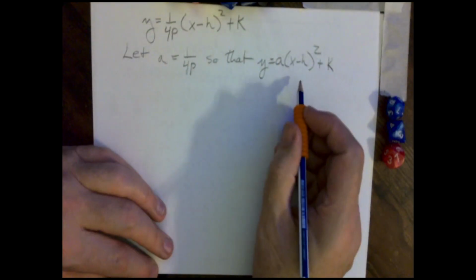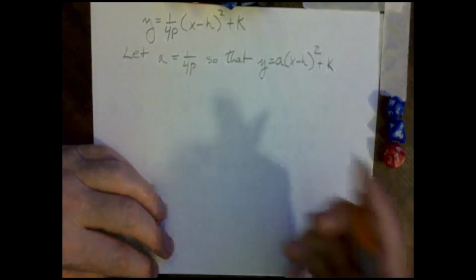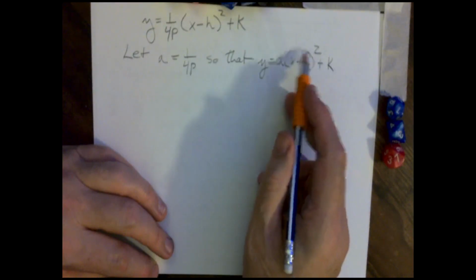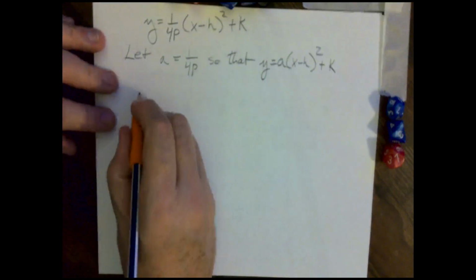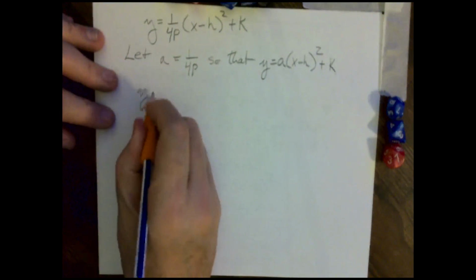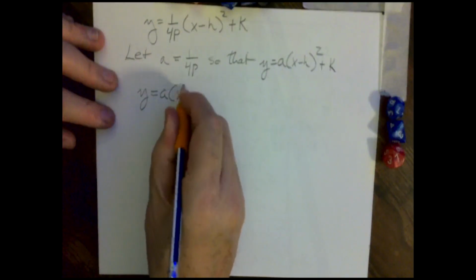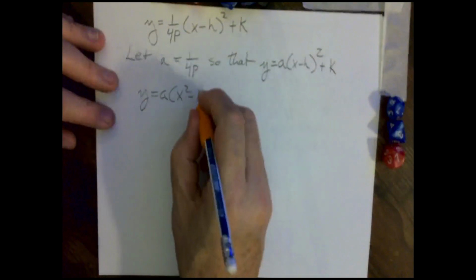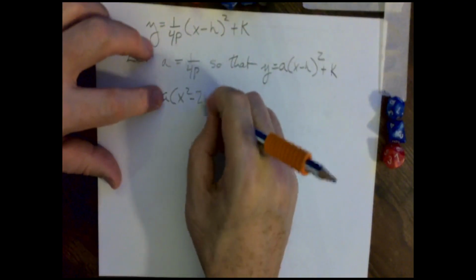Okay, so now what we want to do to get the standard equation out of this, we need to do some expanding here. We need to get rid of these parentheses, so we're going to square this term. So here we have y is equal to a times x squared minus 2xh. I should say 2hx.